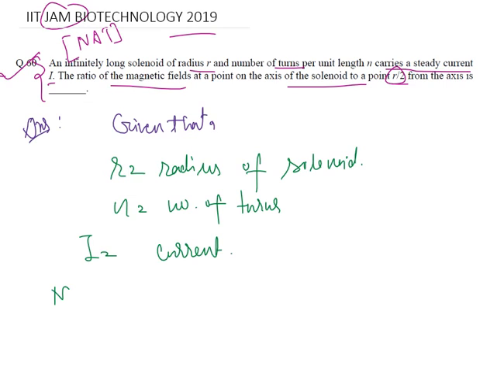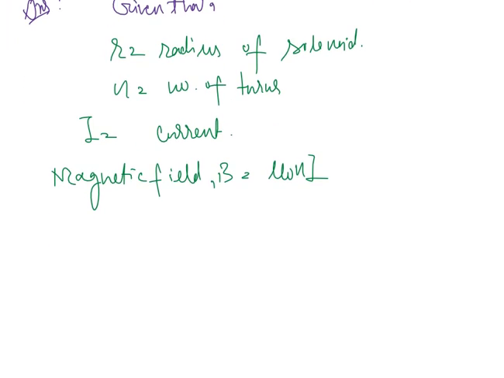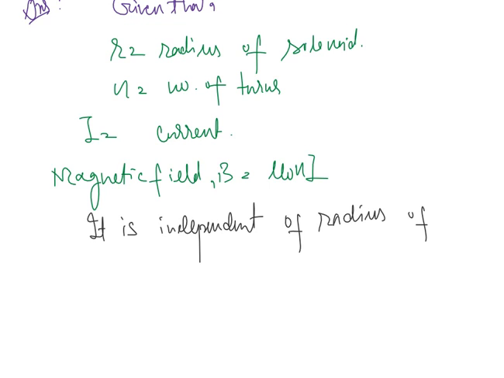Therefore, as we know by the formula of magnetic field, B will be mu naught n I, and it is independent of the radius of the solenoid.